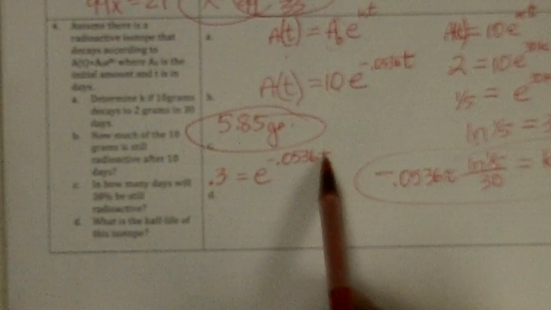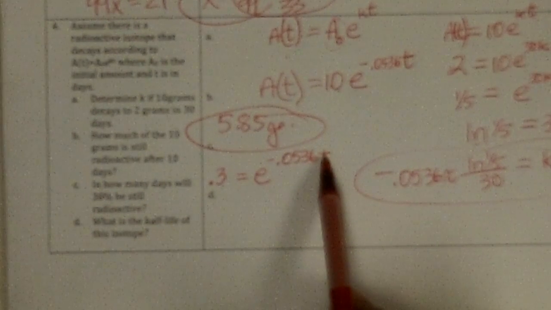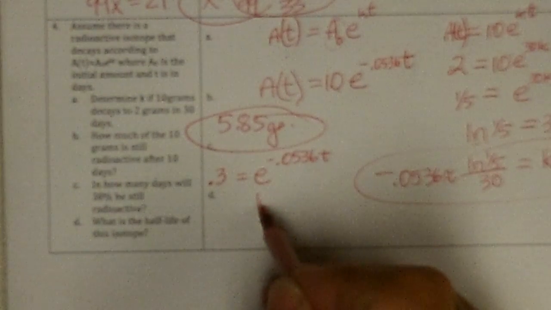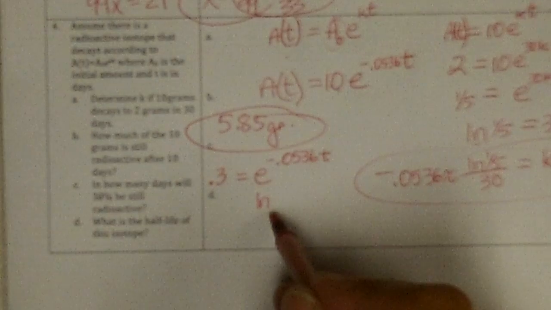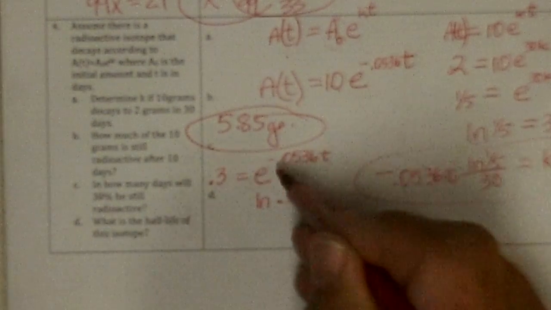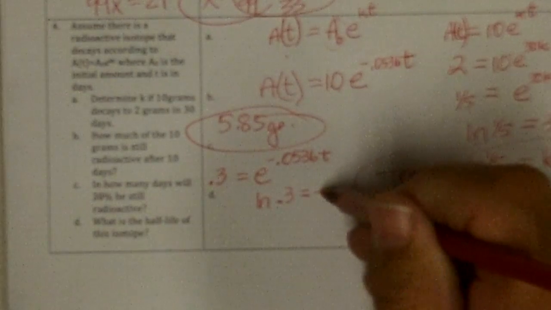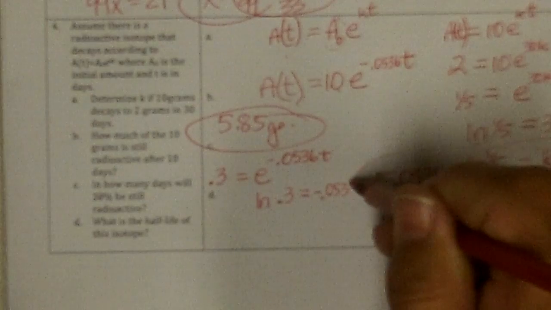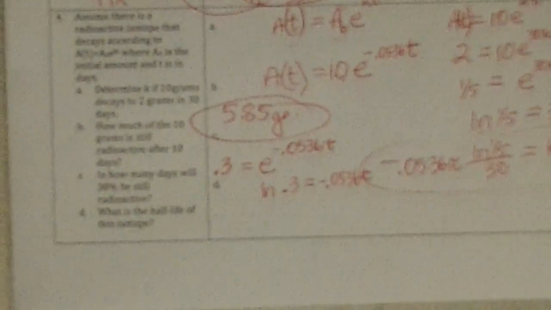This is where I got to find the power. So I'm going to rewrite this as a log. So to what power do I take e to get 0.3? And that is the power is negative 0.0536 t.